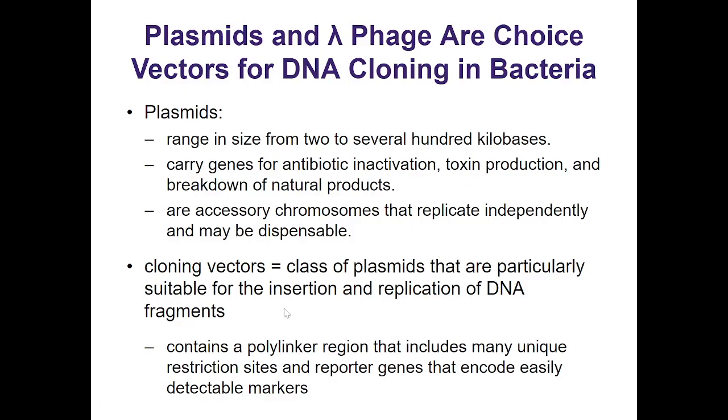The cloning vectors, these are going to, by the way, why do we target the plasmids instead of the main chromosomes? Why do we target the accessories? What if we cut in the middle of something important? What's going to happen?